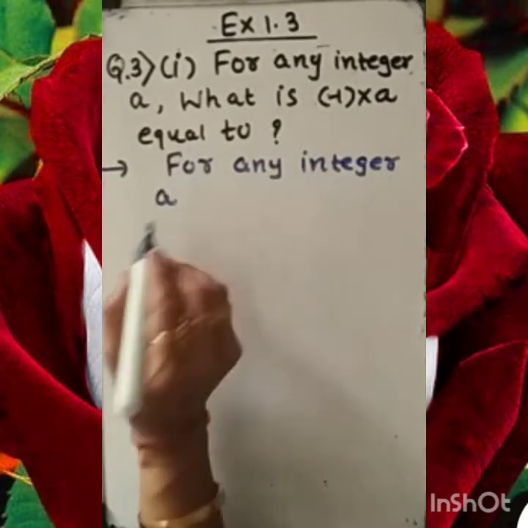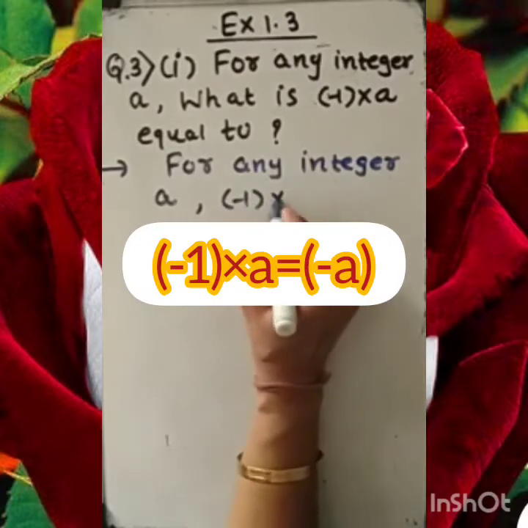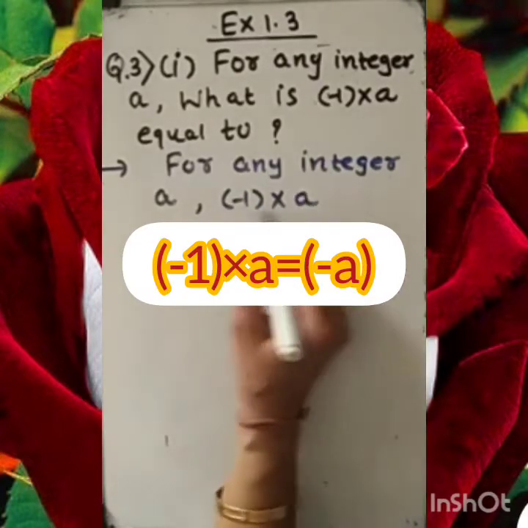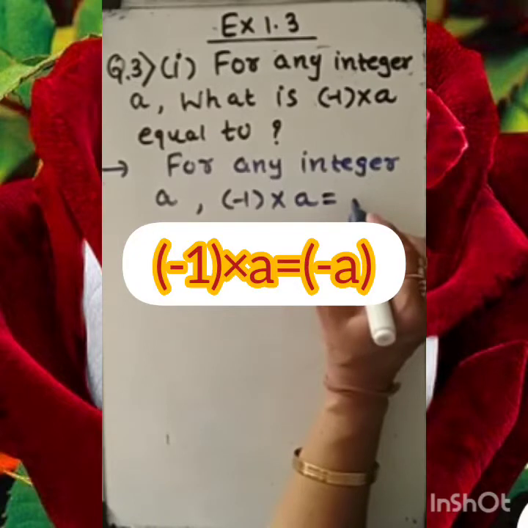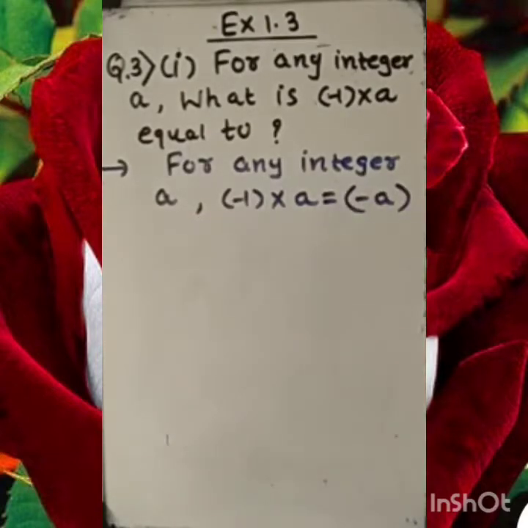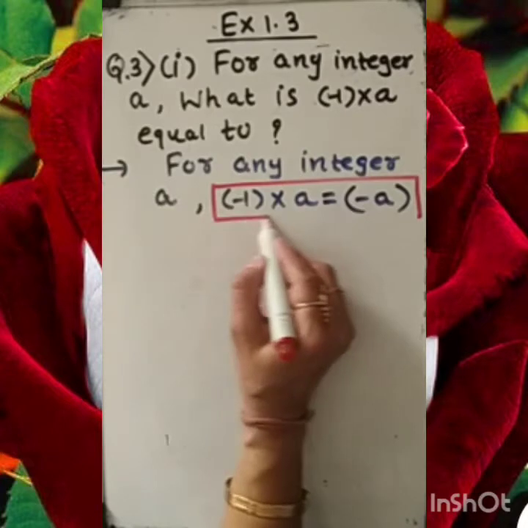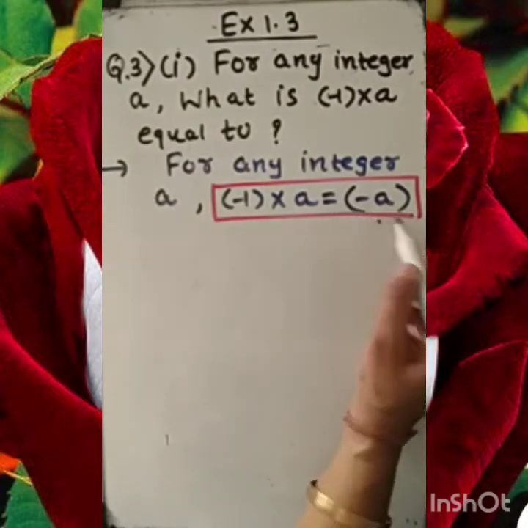Suppose a is any integer. Then we need to find minus 1 into a. What will be the result? The result will be minus a. This is the important answer. That is, minus 1 into a gives the result minus a.